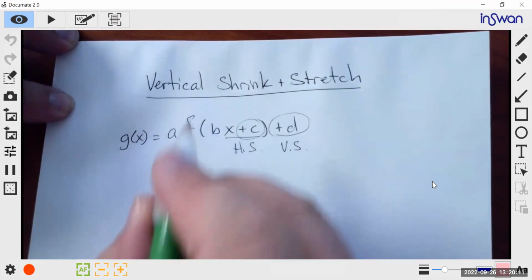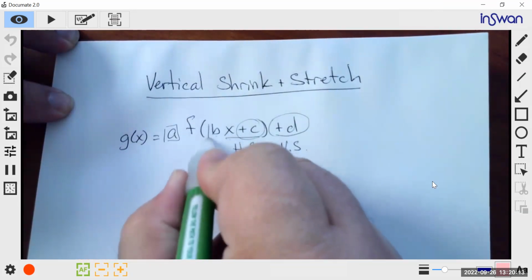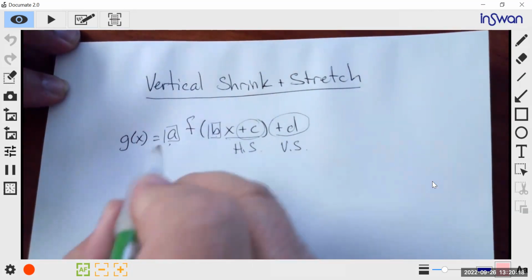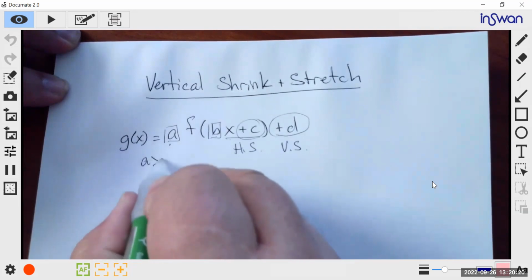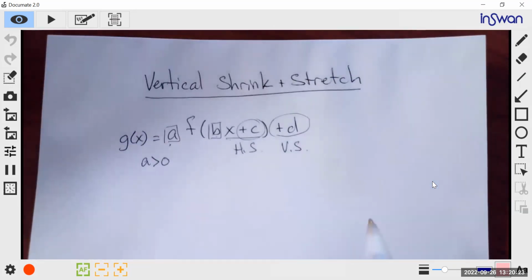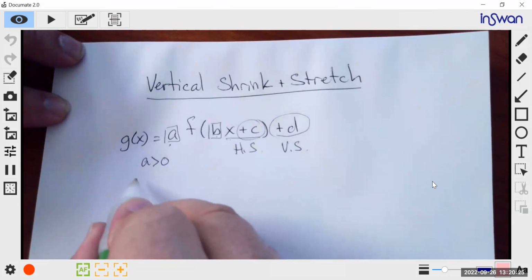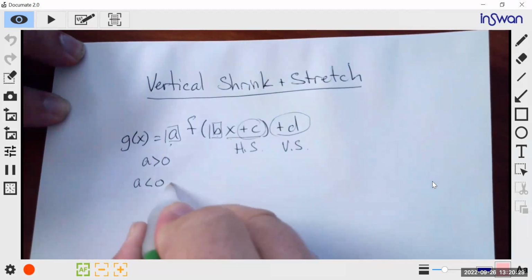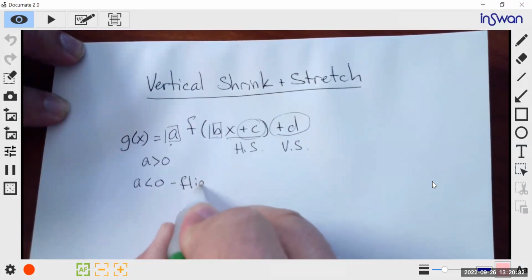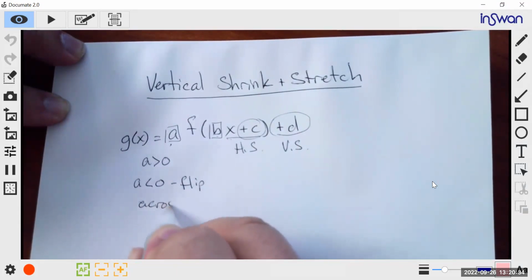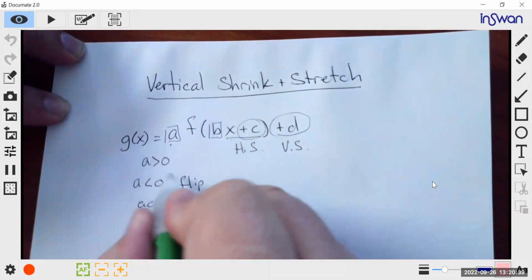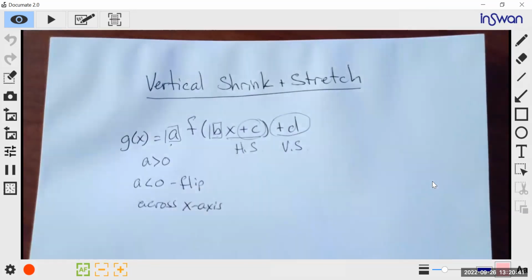Now, with A and B, we only talked about the signs. If it happens outside, if A is positive, nothing. It's a regular graph. But if A is negative, it flips across the x-axis.